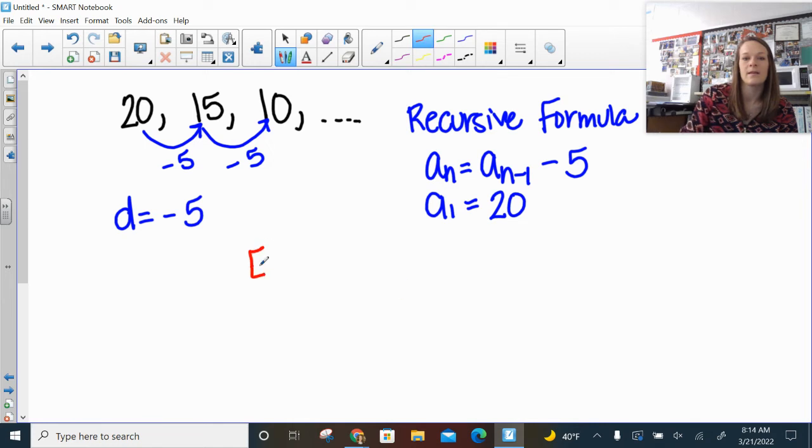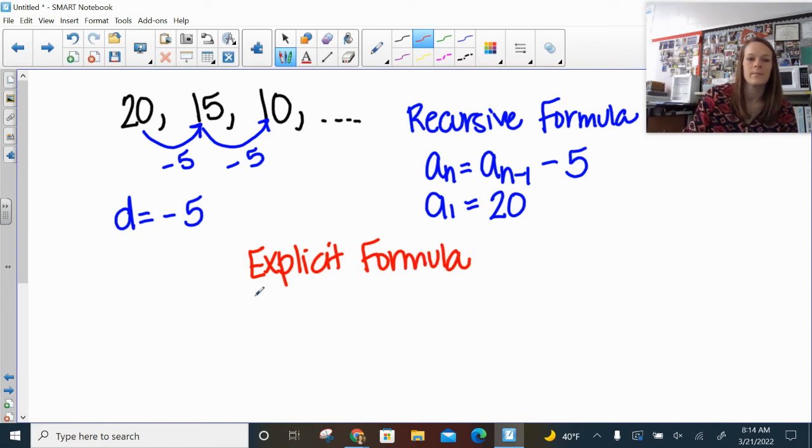Okay, and then the explicit. So it starts with a n, and then the first part of it is our first term. So the first term is 20 plus my common difference, which is -5. So I'm going to just put -5 and then n minus 1.